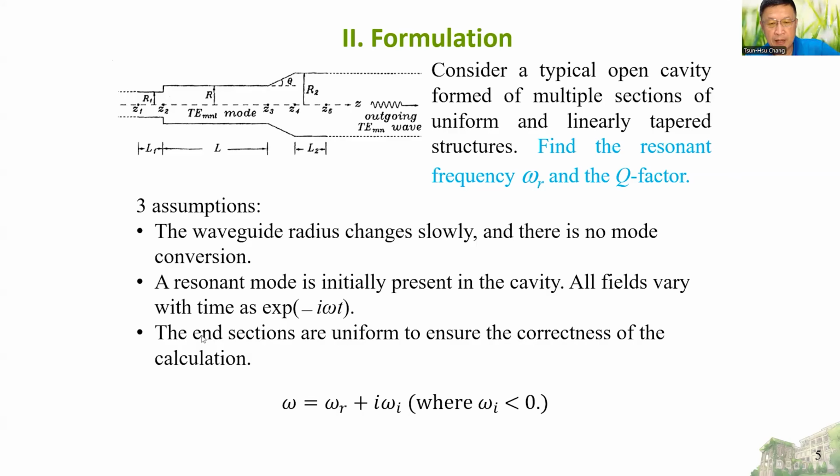The end sections are uniform, the left section and right section, to ensure the correctness of the calculation. Uniform is much easier to deal with. And I will show you these three assumptions will have exceptions.